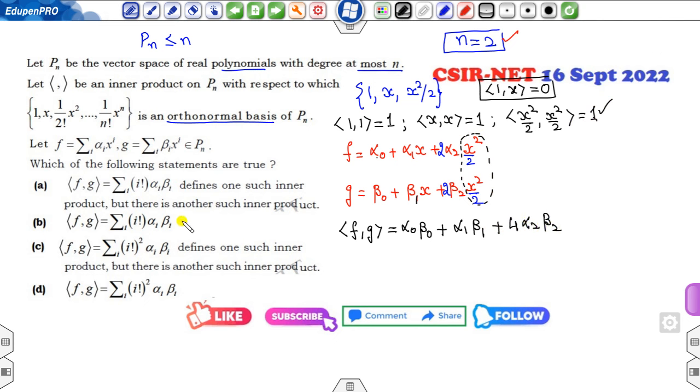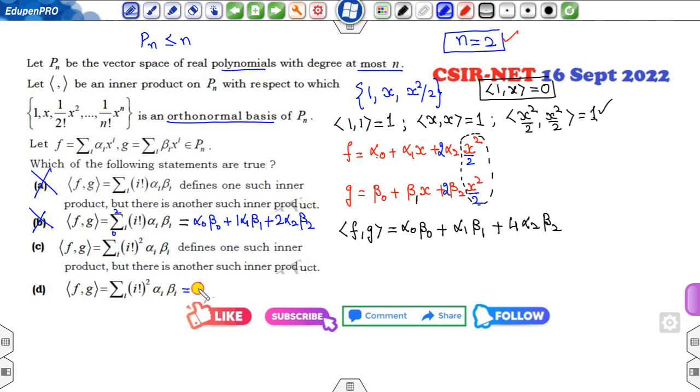Now look at the options. If I open this bracket, i varies from 0 to 2. 0 factorial is 1, plus when i is equal to 1, it's 1 alpha 1 beta 1, satisfied. When i is equal to 2, 2 factorial is 2, but we need a 4. Both options are cancelled.